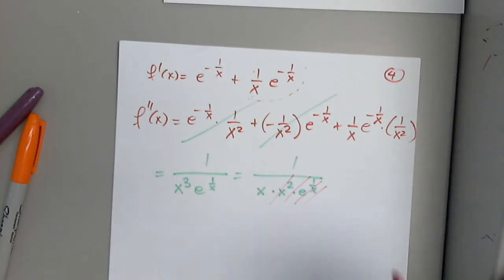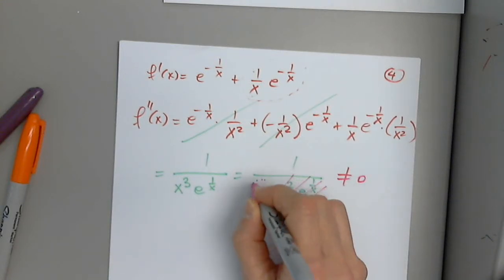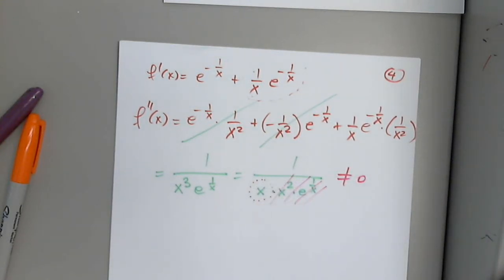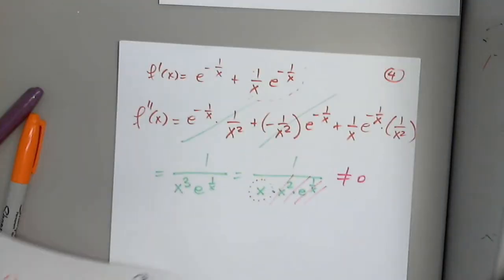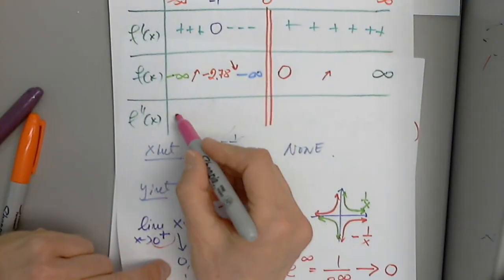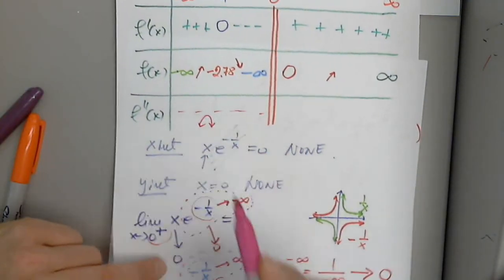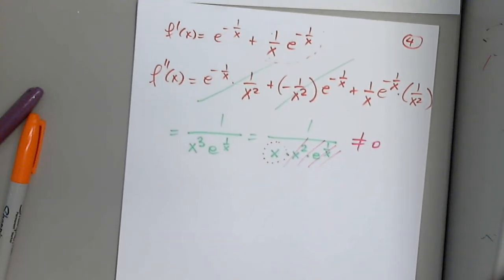Of course, this is never 0, no matter what. So the sign of the second derivative will be given just by this little piece. So I'm going to go back. If x is less than 0, what is the sign of the second derivative? Very good. If x is positive, what is the sign of the second derivative?